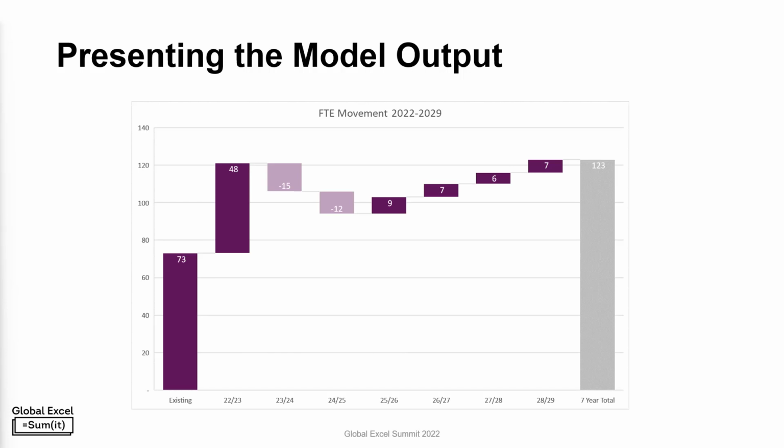The project that we worked on for the state tribunal, this was one of the outcomes, because the FTE, or the staff movement, was a really important outcome. We prepared 4 different options, each with very different FTE movement, and this visual was really well received by the board.